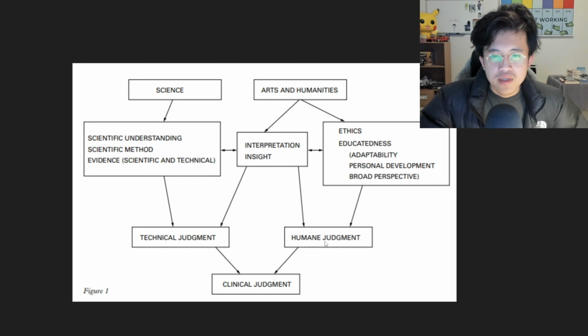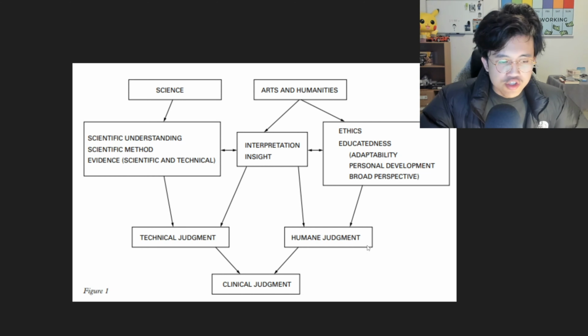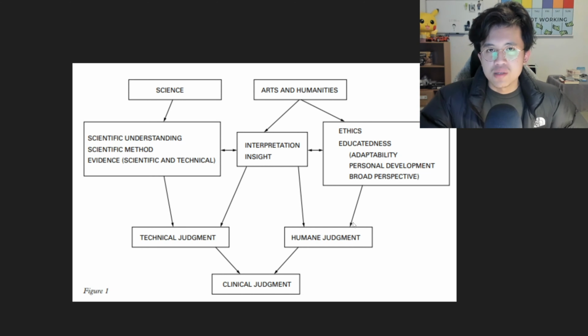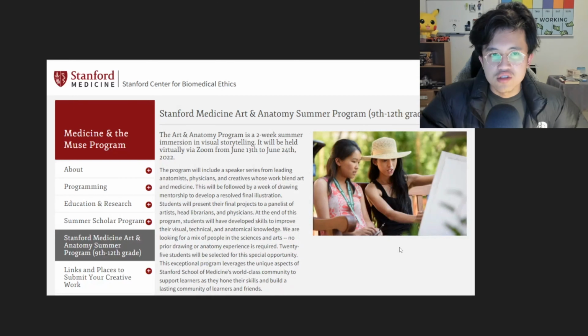Alongside technical judgment and humane judgment from these humanities and science, they can gain the most optimum judgment in a clinical situation. So as you can see, broadening the scope of medicine is extremely important for future clinicians.